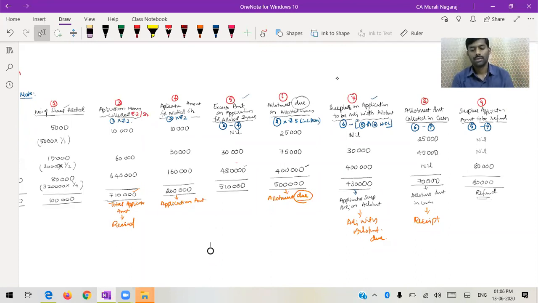Next, share allotment account debit, within bracket column number 6, amount is 5 lakh, show the working: 1 lakh shares into 5 rupees.